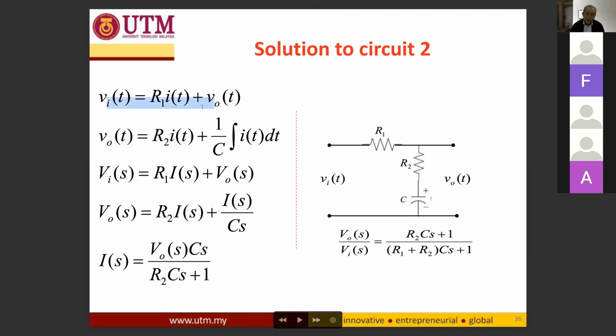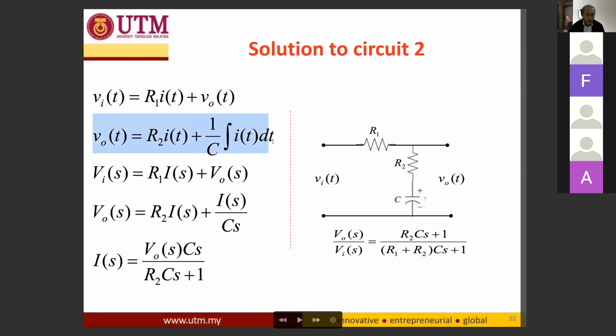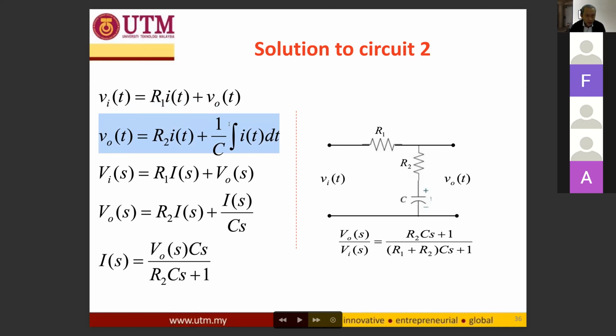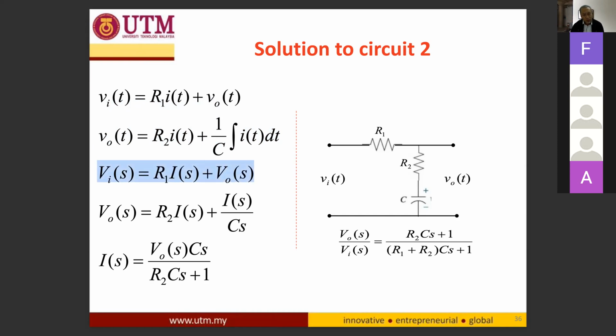We obtain V in equal to I R1 plus V naught, but now V naught has 2 elements, which are R2 and the capacitance. So we take the Laplace transform for V in and V naught together. We obtain V in of S equal to I R1 plus V naught, and then V naught is equal to R2 I of S plus I over CS, because I over CS is the capacitance part.